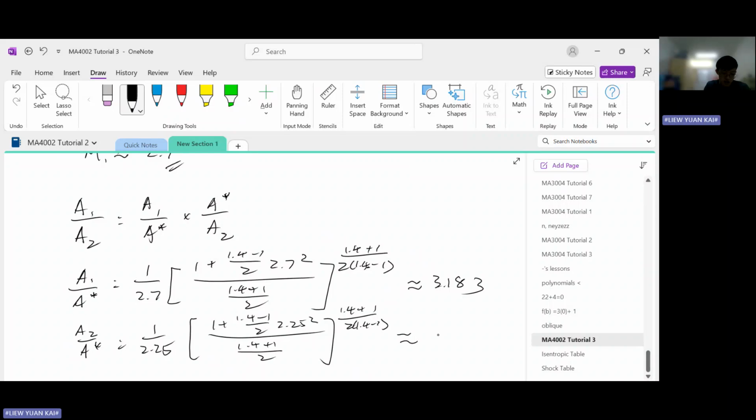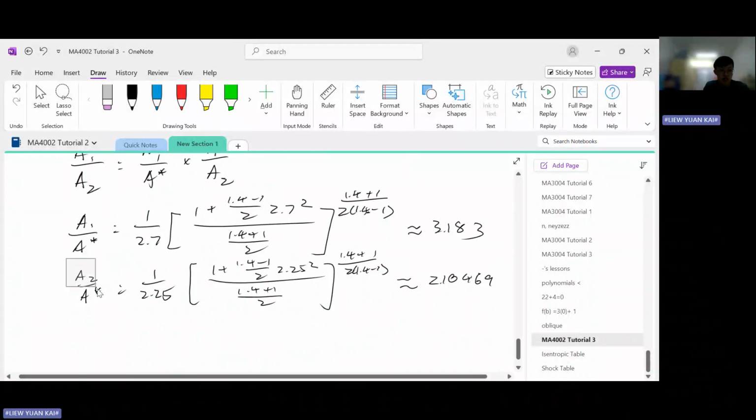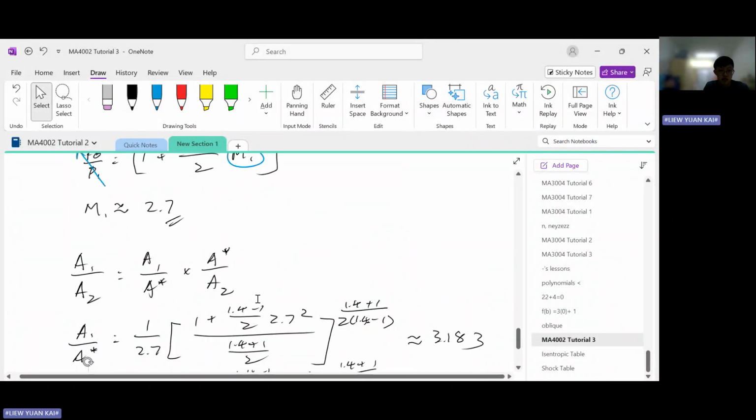Right? So you calculate this, you will get 2.10469. Okay, but we don't want A2 over A star. We want the reciprocal. We want A star over A2.